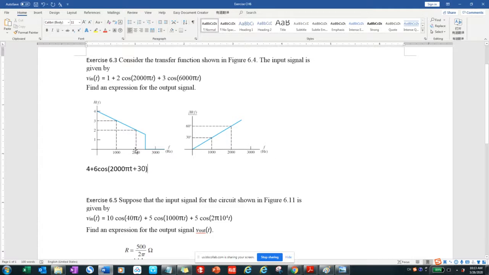Then based on the magnitude graph and the phase angle graph, you identify the frequency. For different frequencies, the frequency response will be different. So you figure out the magnitude and the phase angle for that frequency, then figure out the output for that component. That is the first question.